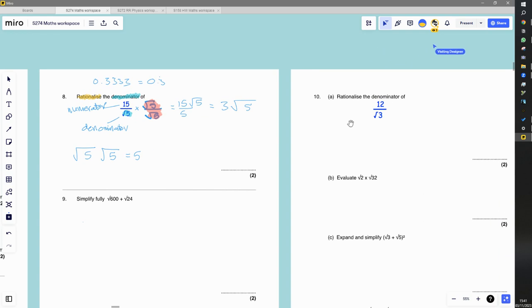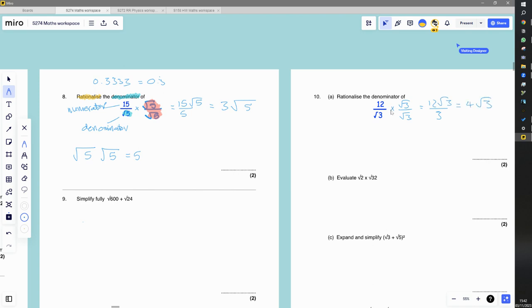Let's now have a go at 10a, which is a similar sort of thing. So basically we are going to multiply it by root 3 over root 3, which is just multiplying it by 1. The bottom ends up being 3. The top ends up being 12 root 3. So 12 divided by 3 is 4.